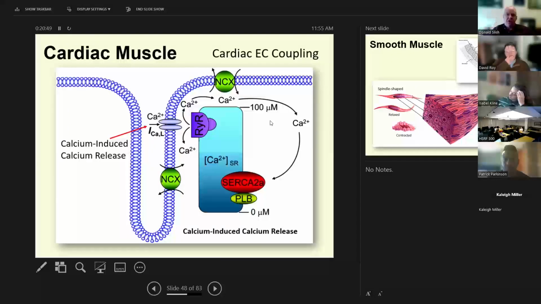So you get a stronger contraction out of it. And you also phosphorylate phospholamban, which makes the Circa pump faster. So you get a stronger contraction and a faster relaxation. That's not important for this class. Hopefully you'll get that in cardiovascular form.